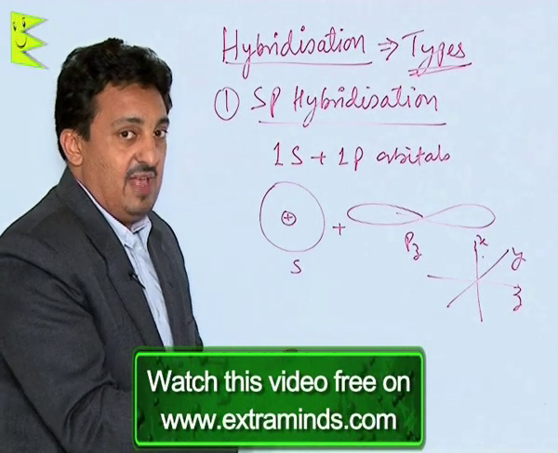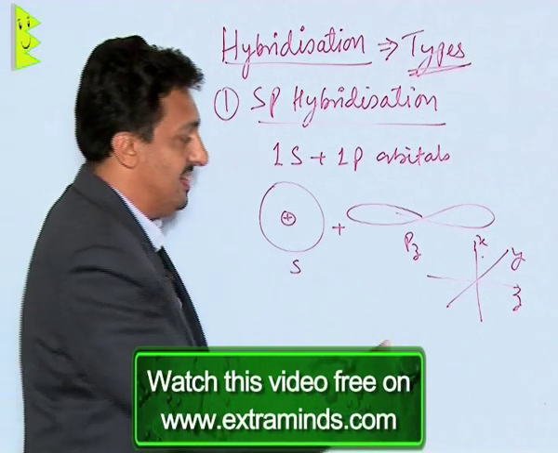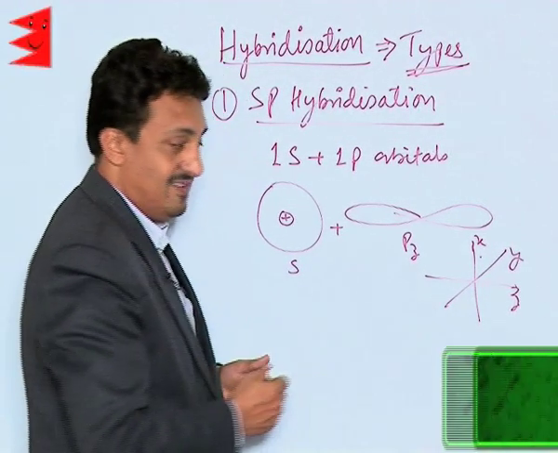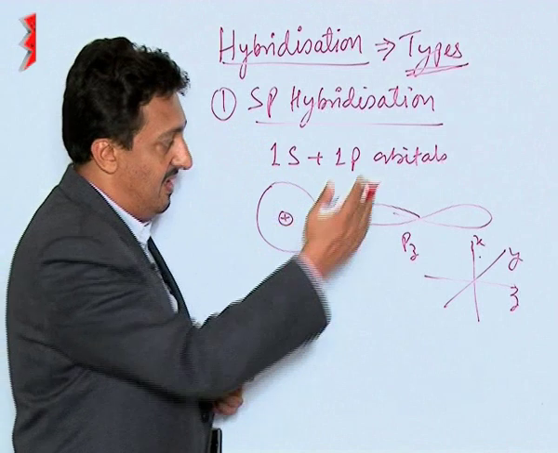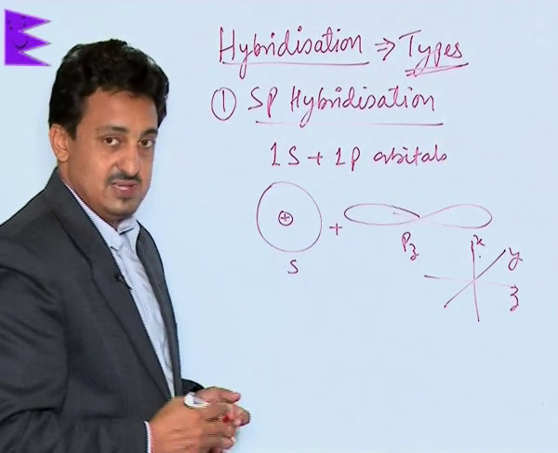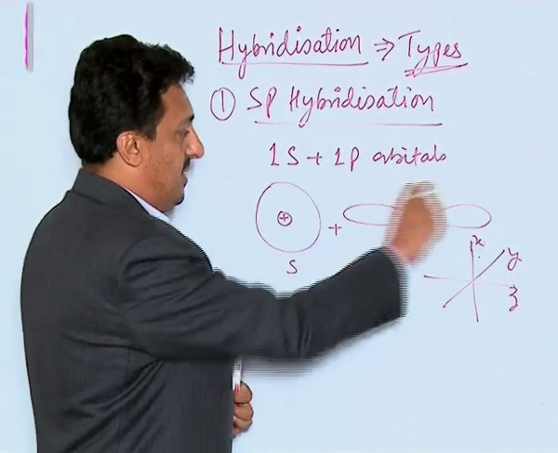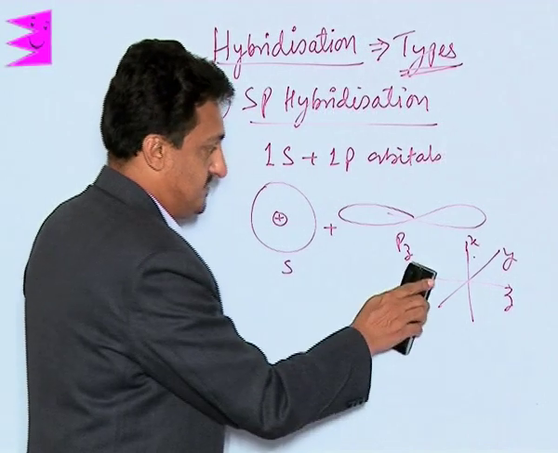In hybridization and MOT, we normally take the horizontal axis as the Z axis. So let us take this as the normal pz axis.